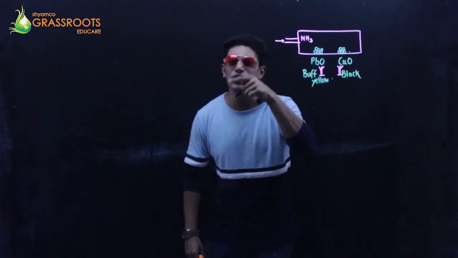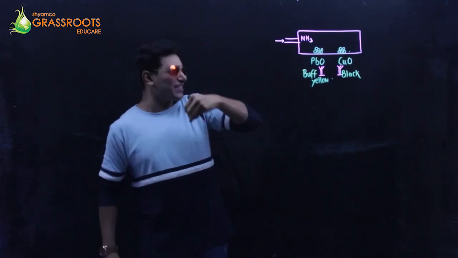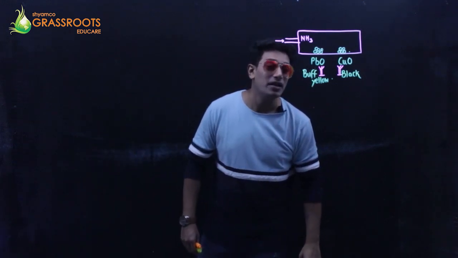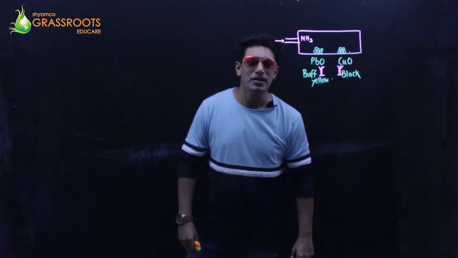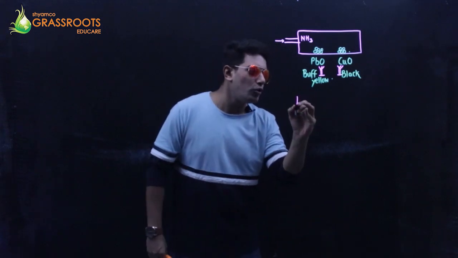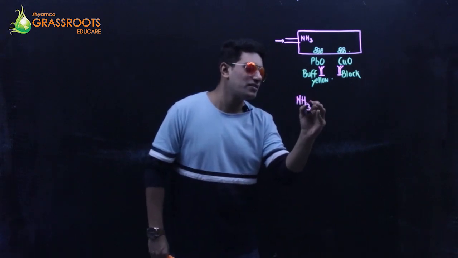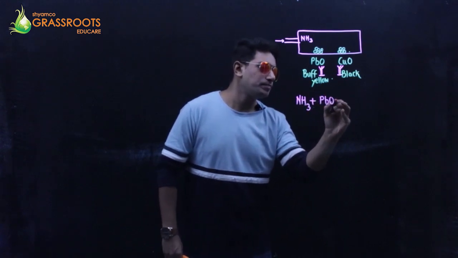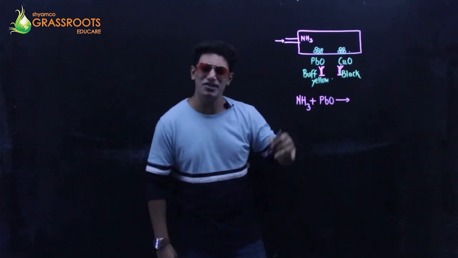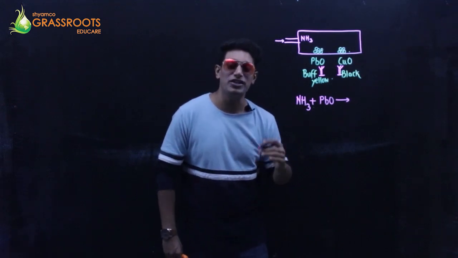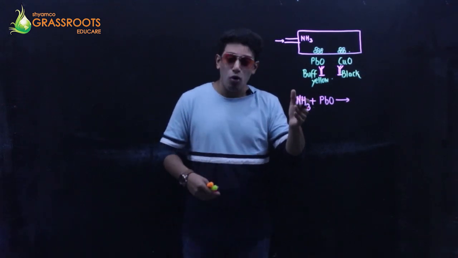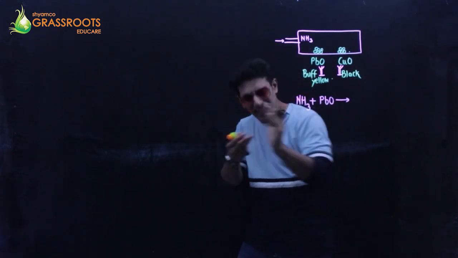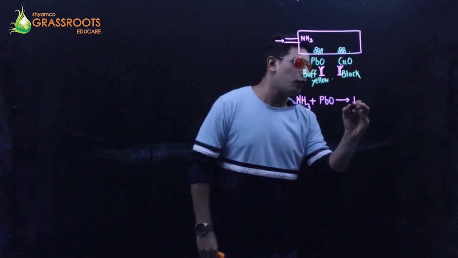Ammonia acts as a reducing agent. It takes away the oxygen from lead oxide, forming lead. So ammonia reduces PbO, takes away the oxygen to form Pb, along with formation of water and nitrogen gas.